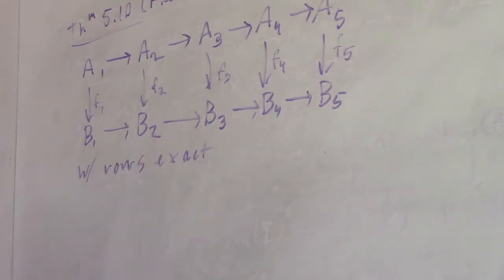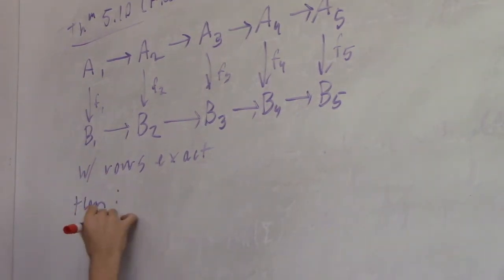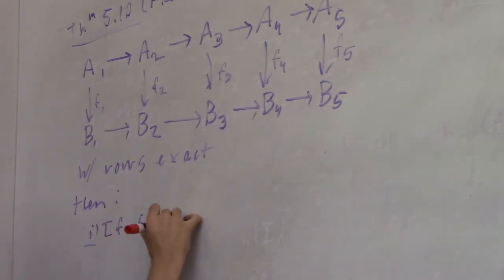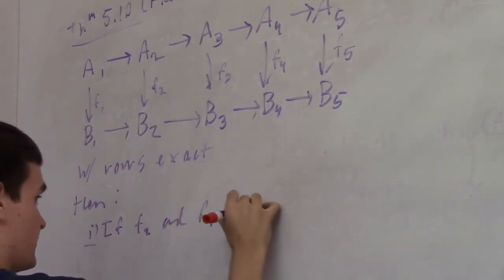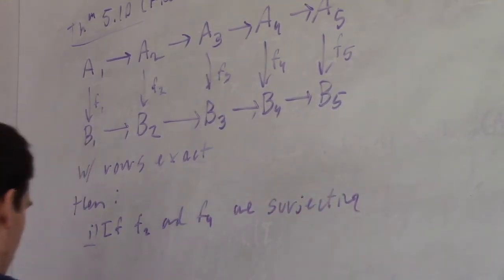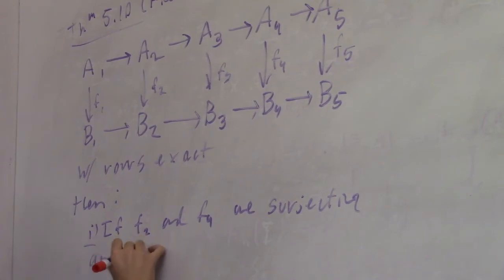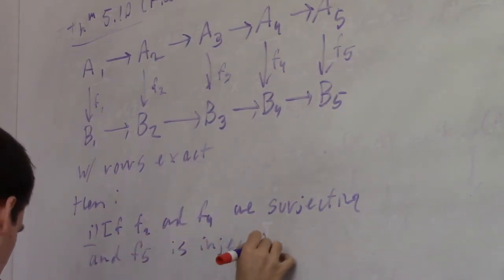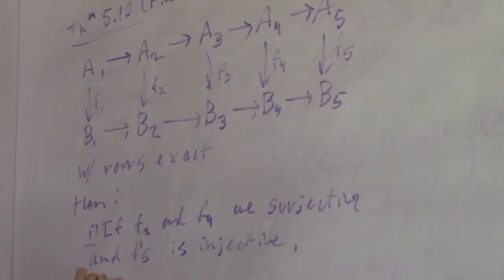Then, if F2 and F4 are surjective, and F5 is injective, then F3 is surjective.